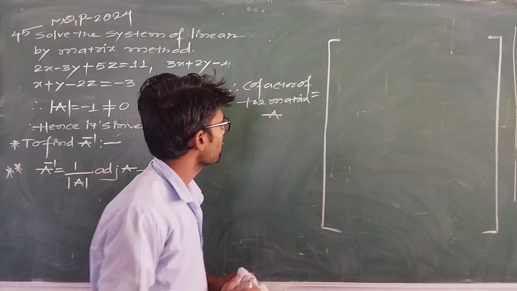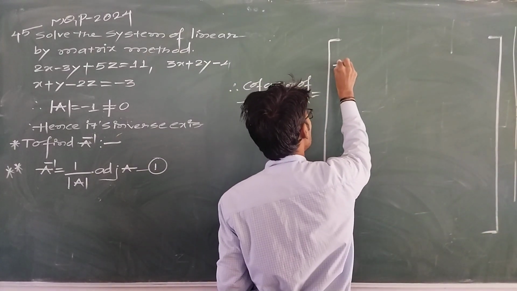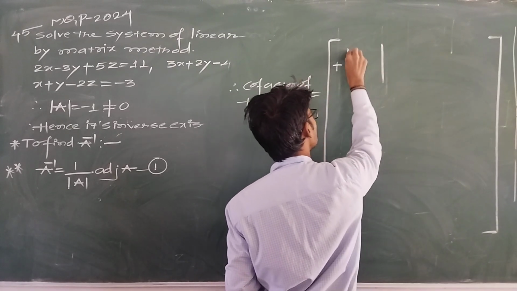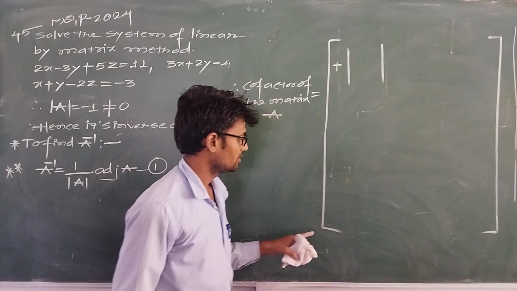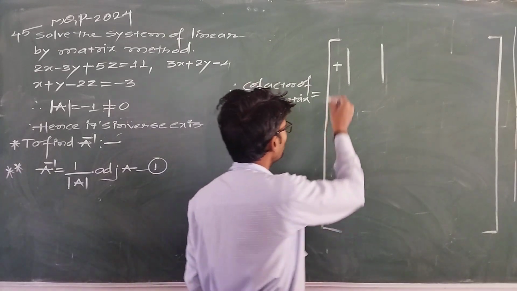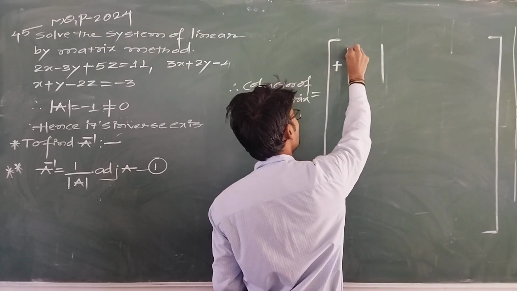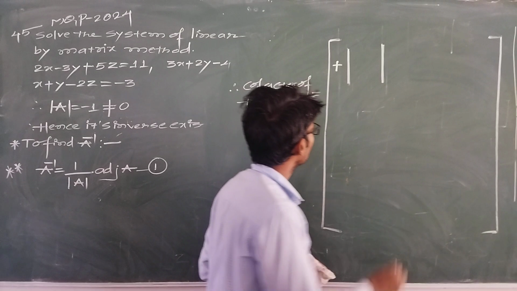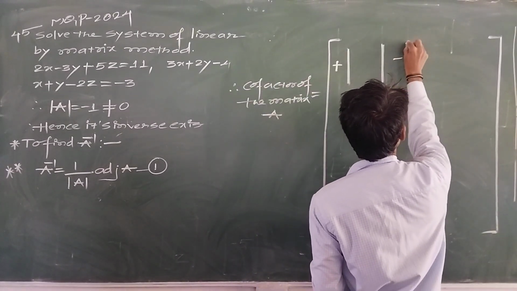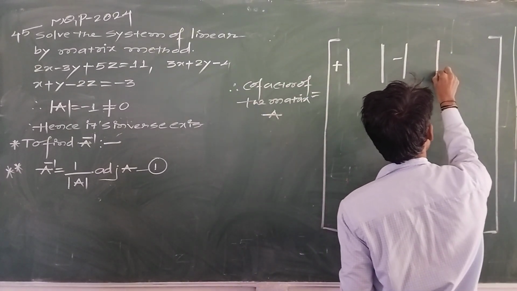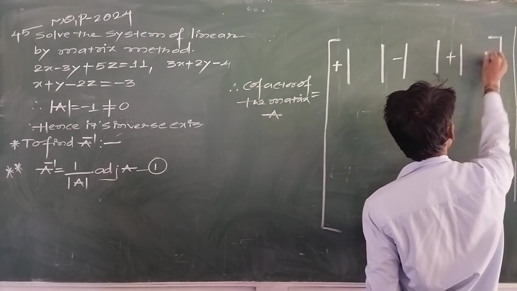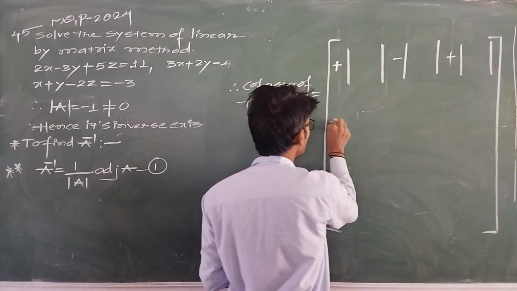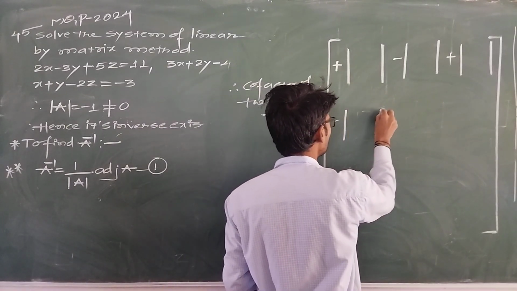Matrix symbol you write. Now plus you write and keep the symbol of determinant inside this big matrix. Next you write minus, keep the symbol of determinant.